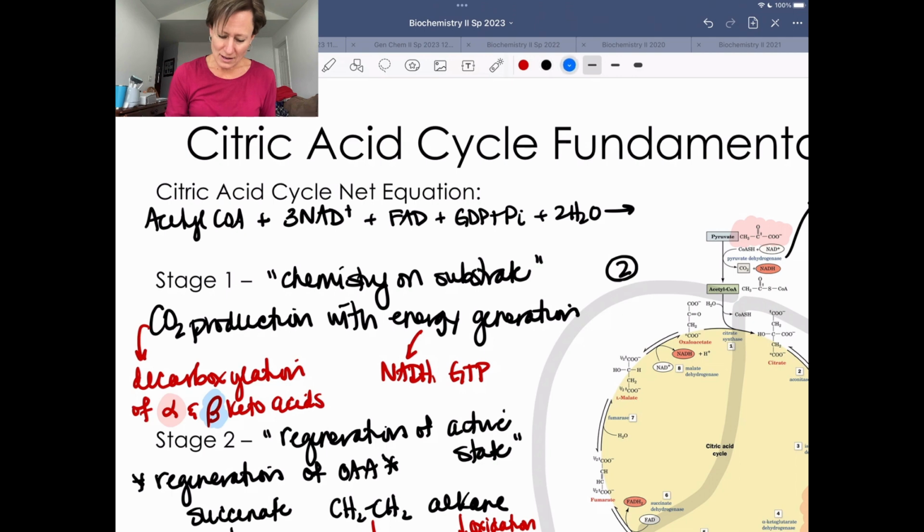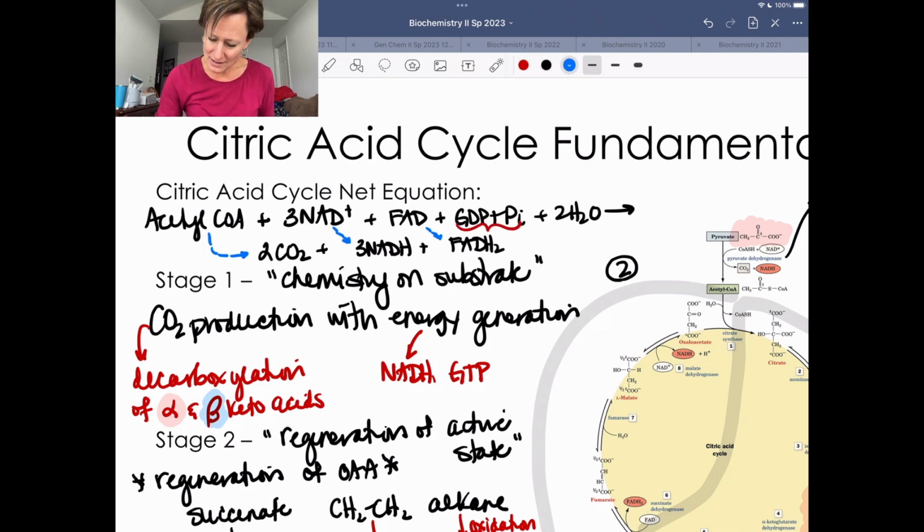So acetyl-CoA, those 2 carbon atoms on that acetyl group ultimately become 2 carbon dioxides. The NAD pluses become NADHs, as they grab those electrons. FAD becoming FADH2.